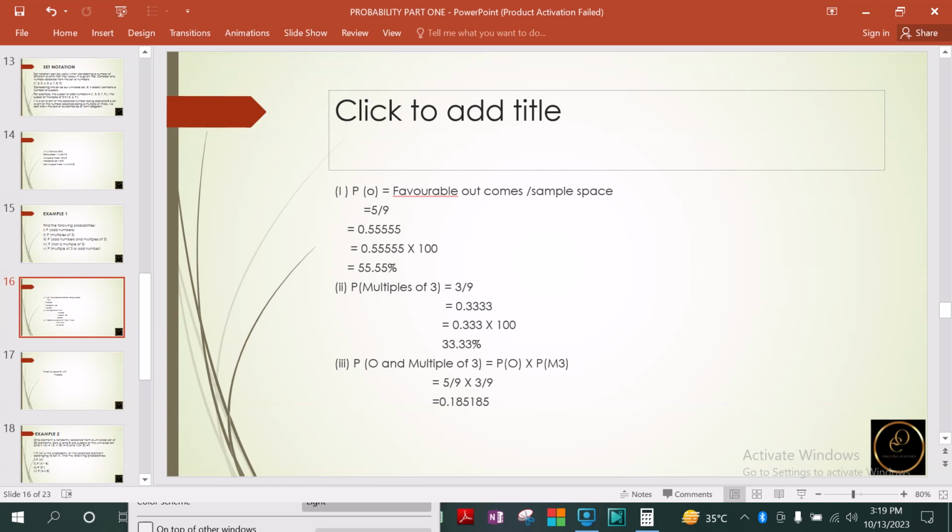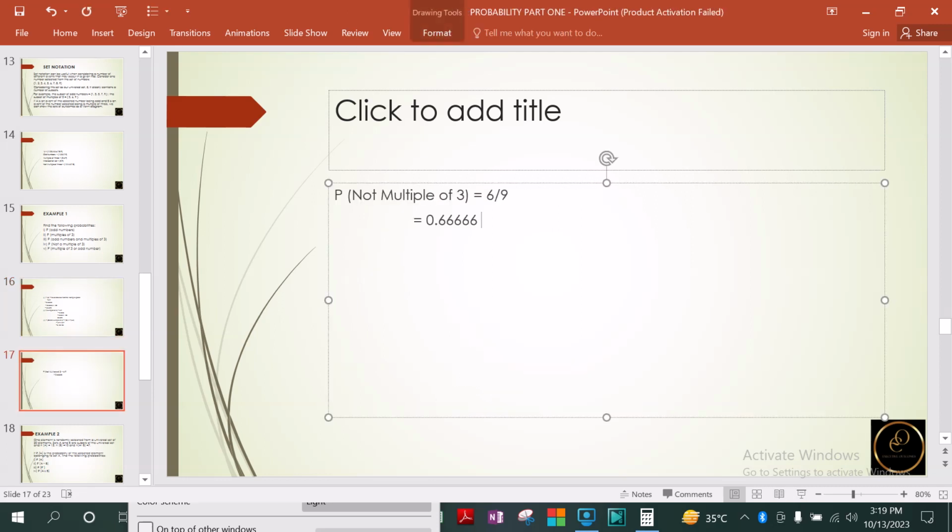So when you add this, in this particular case, the probability of an odd number or multiples of 3. That's how it is stated.